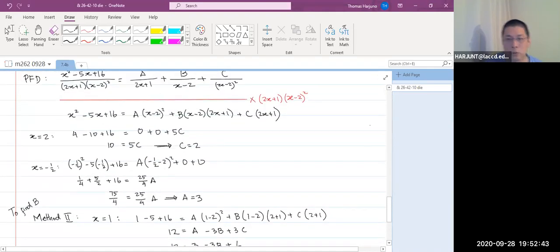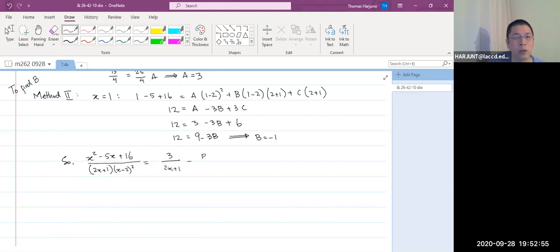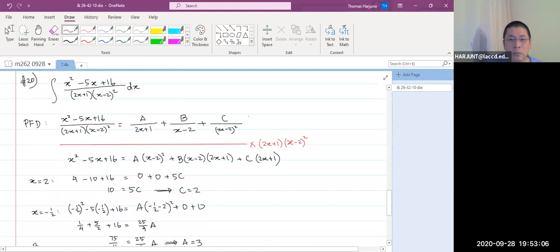My a corresponds to 2x plus 1. My a is 3 over 2x plus 1, minus, since b is negative 1, minus 1 over x minus 2. And my c is 2. Yeah, my c is 2.